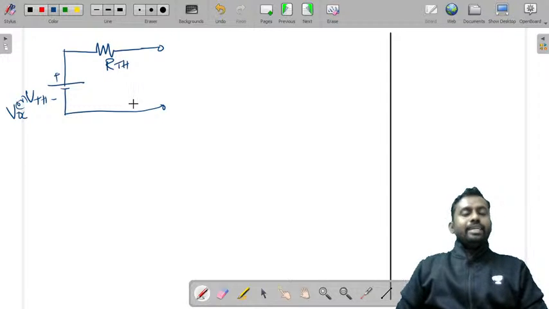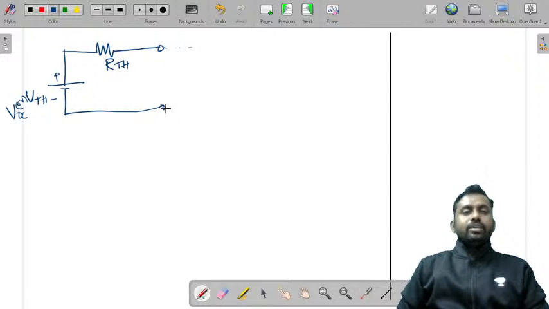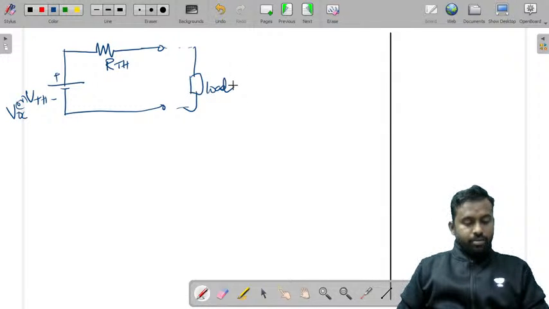So these are voltage and resistances which are connected to some load.